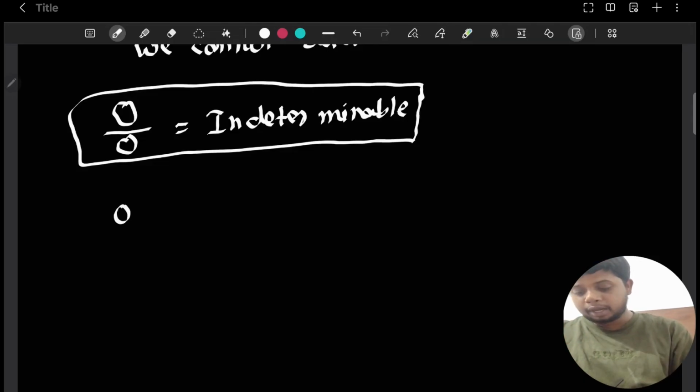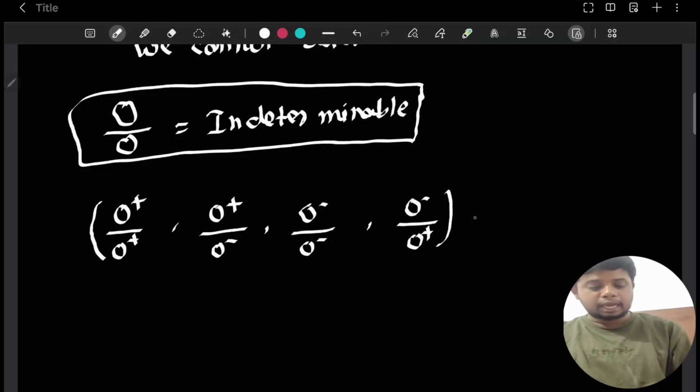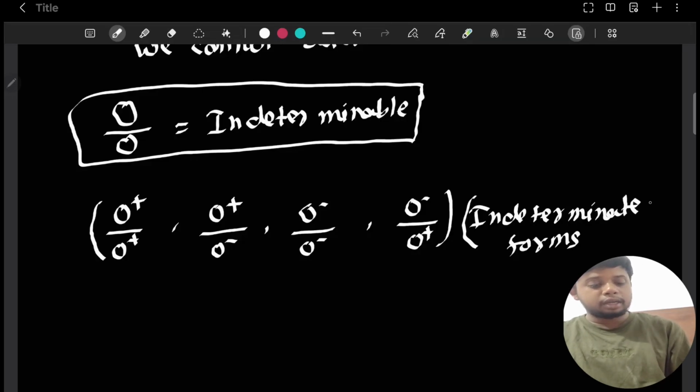We will study about 0 plus by 0 plus, 0 plus by 0 minus, 0 minus by 0 minus, and 0 minus by 0 plus. And we'll say all these are indeterminate forms.